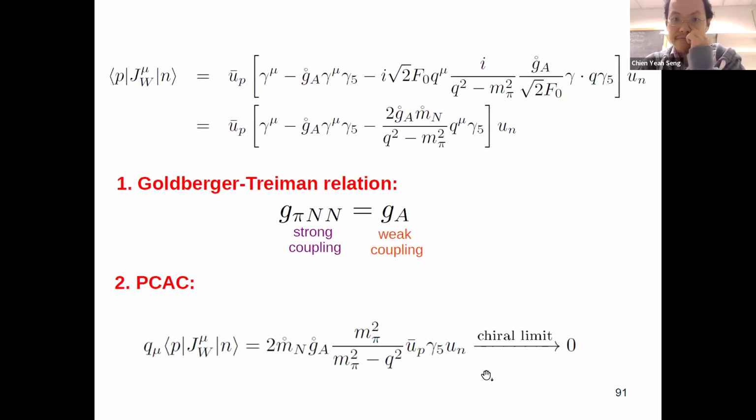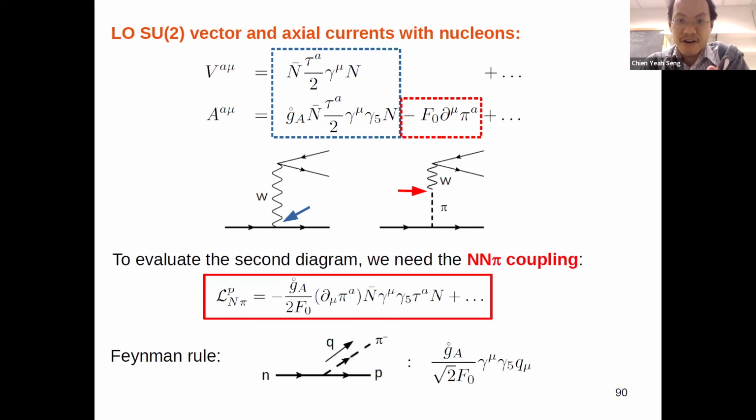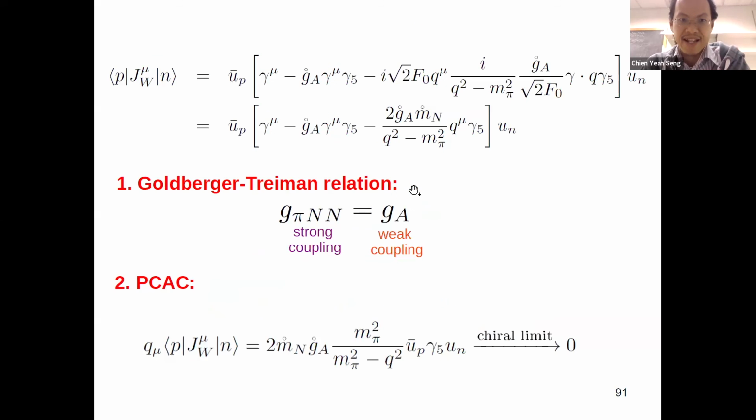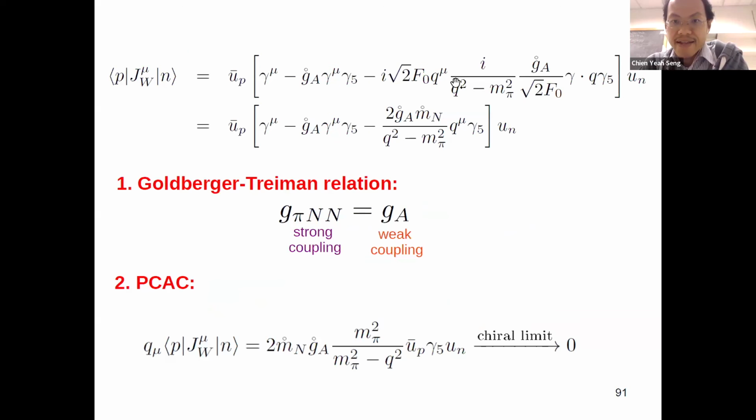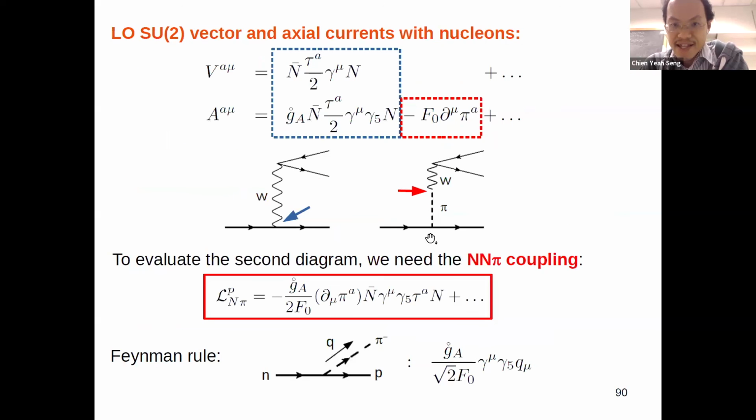Then you can write down the result of the first and second diagrams. The first two terms come from the first diagram, and these terms come from the second diagram.